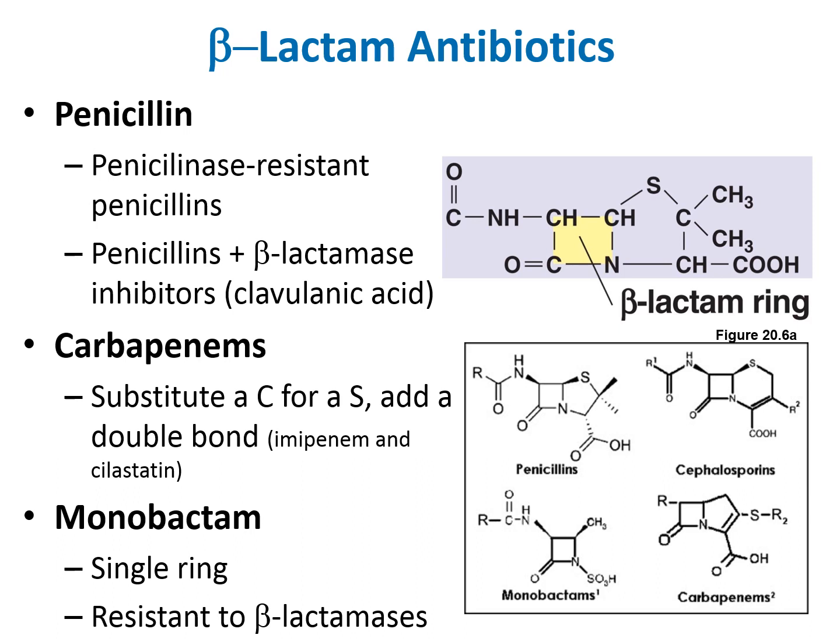You also have examples of drugs like the carbapenems that look kind of like penicillin, but you change one of the atoms in the ring. So you substitute a carbon for a sulfur and add a double bond. And so instead of having penicillin, you have this other class of drugs that looks like penicillin, but is slightly different.